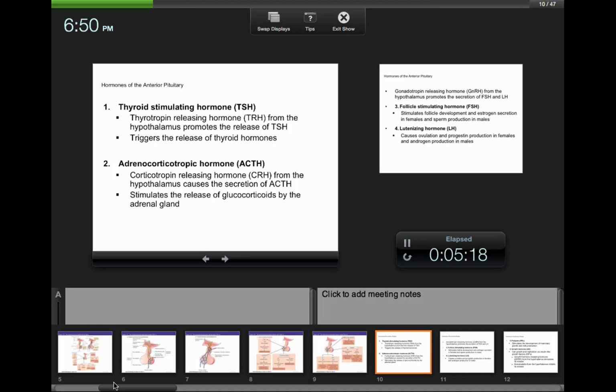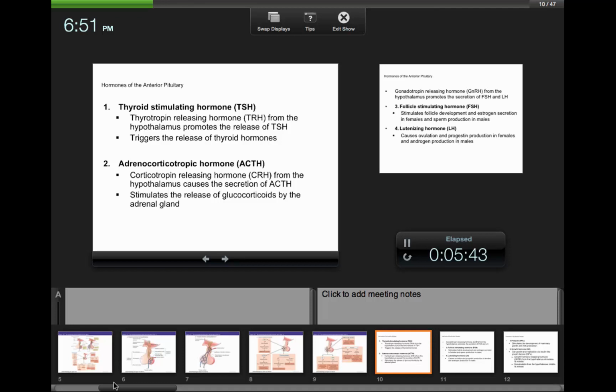Okay, let's do the next one. Thyroid. Okay, so thyrotropin releasing hormone, or TRH.